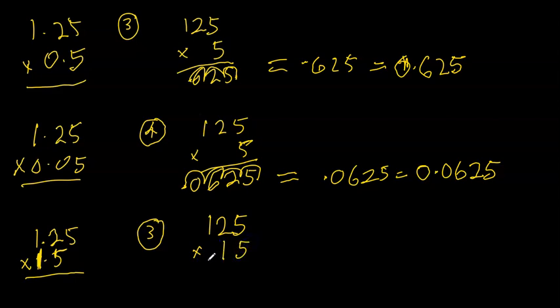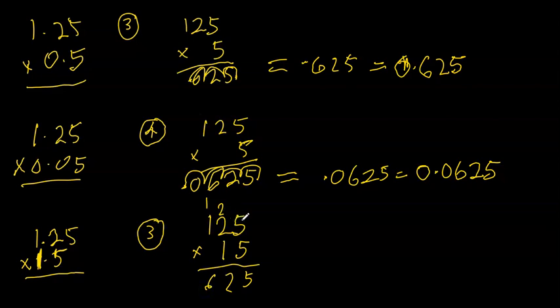When you multiply these two numbers, let's see. 5 times 5 is 25. We have 2 here. 2 times 5 is 10, and then we add this 2, so it's 12. And then 1 times 5 is 5, plus 1 is 6.